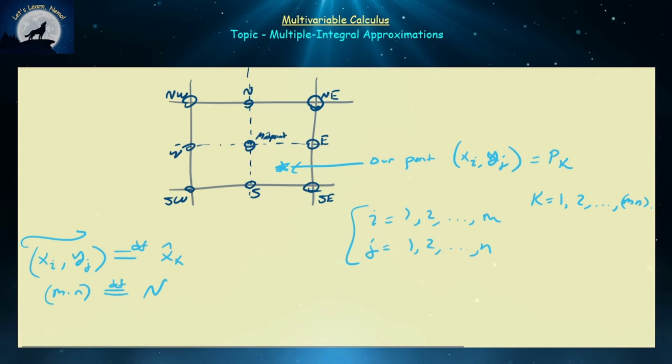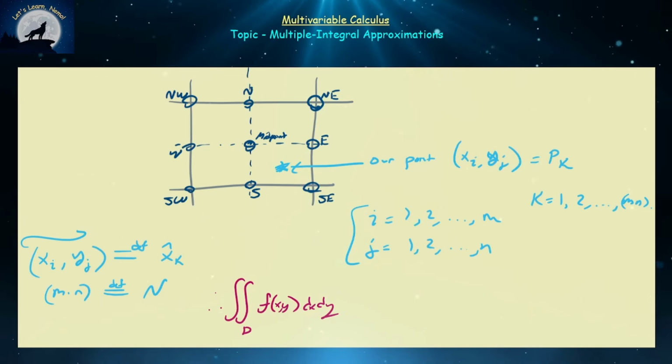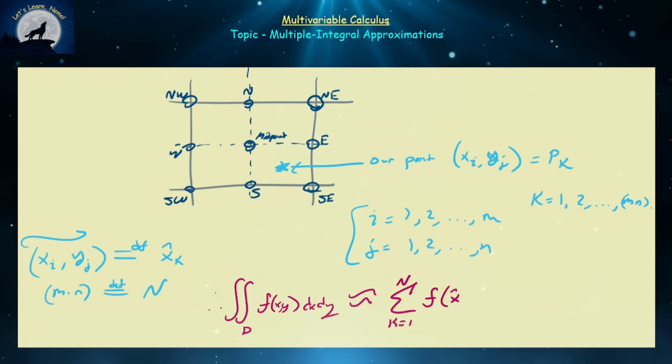So how are we going to approximate our double integral over this region D? The double integral of f(x,y) dx dy will then be approximated by summing up these regions, right? And keep in mind, for double integrals, this is approximating the volume, so we should have a length, a width, and a height. So this is going to be the sum from k equals 1 to capital M of f evaluated at each of those points, x hat k, and then since we're using uniform partitions, we're going to multiply it by delta x and delta y.